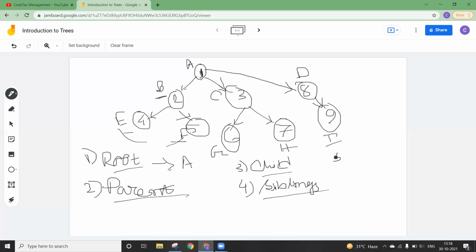The fifth one is ancestor. What are ancestors? Nodes accessible by following the edges upwards from a child node are called the ancestors of that node.